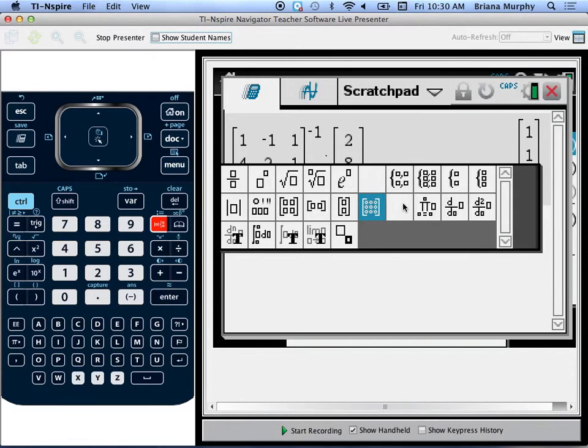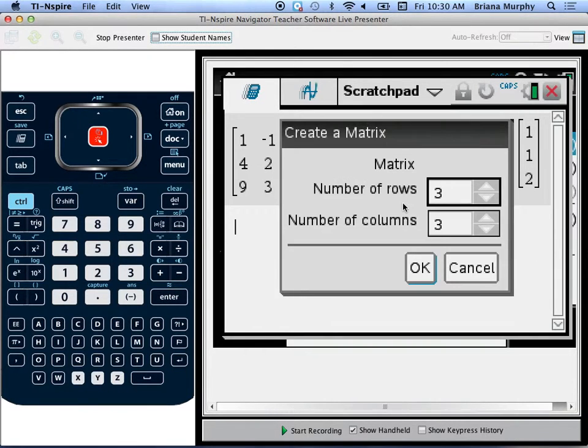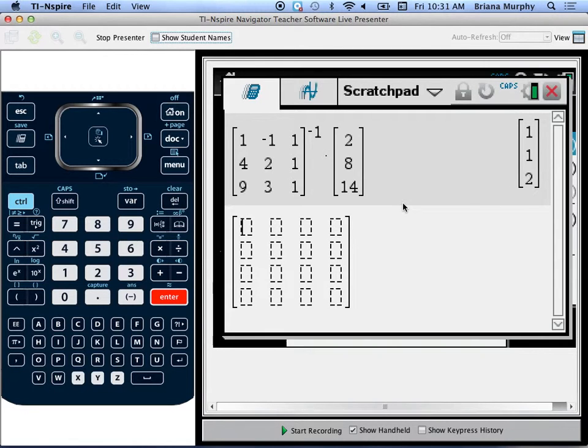is open up matrices. I want a 4 by 4. So I'm going to delete, hit 4, tab, delete, hit 4, press OK. Plugging in negative 8.